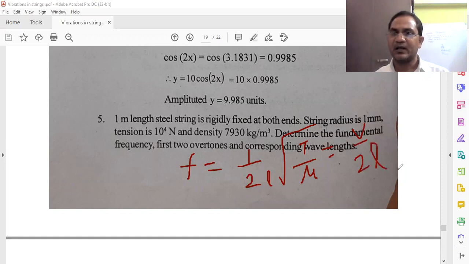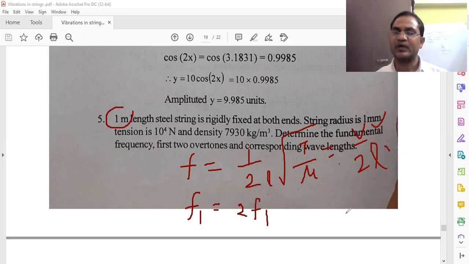Now the V value is known. What is the length of the string? 1 meter. So V by 2 into 1 is the fundamental frequency, and the unit is hertz. Next, the first two overtones. The first overtone F1 is the second harmonic, 2 times the fundamental frequency.